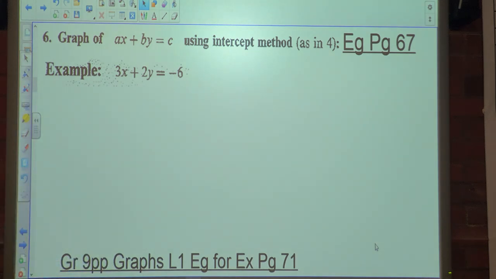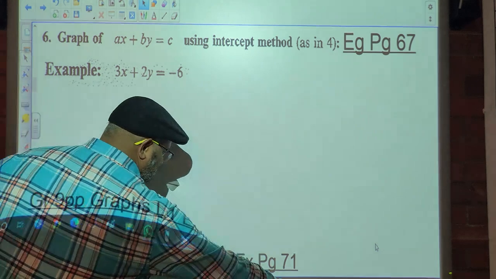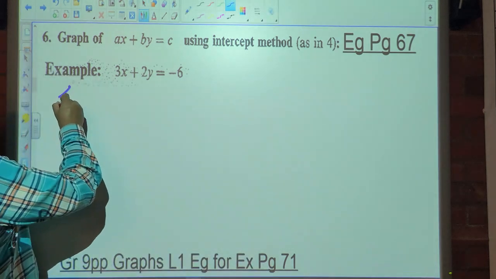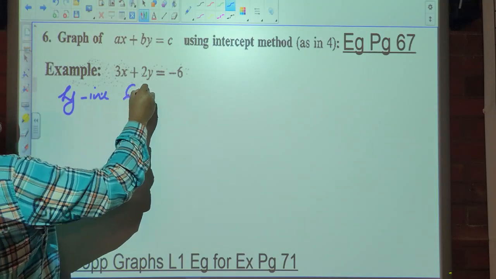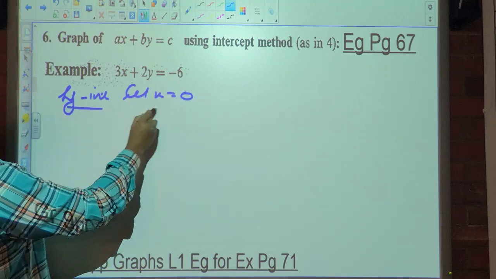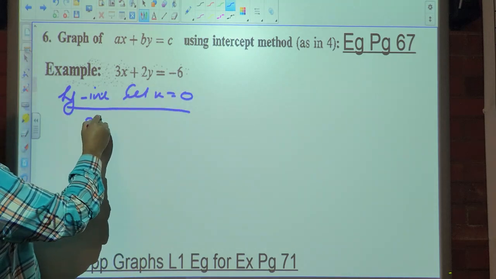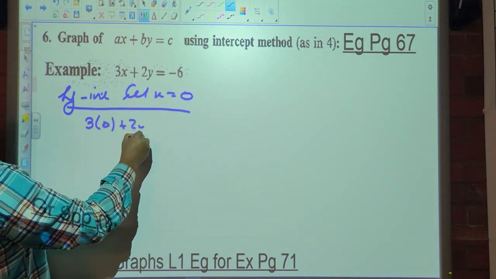The answer, of course, is no. The question was not to calculate the gradient and the y-intercept. That wasn't the question. So to draw this graph using the intercept method, what do I say? Y-intercept. What do you do for y-intercept? Let x equal to 0. So you have 3 times 0 plus 2y equals negative 6.